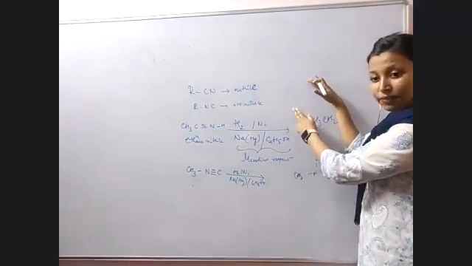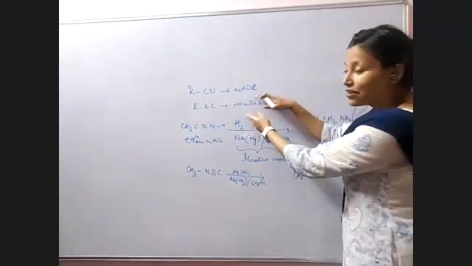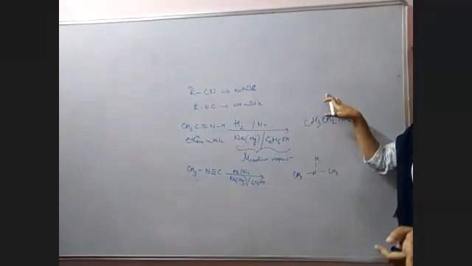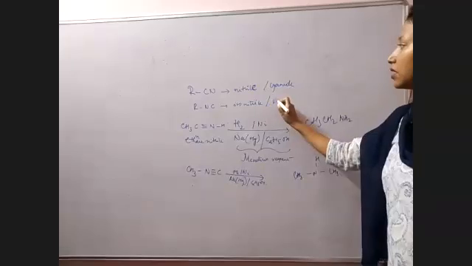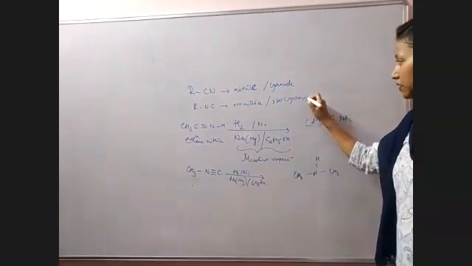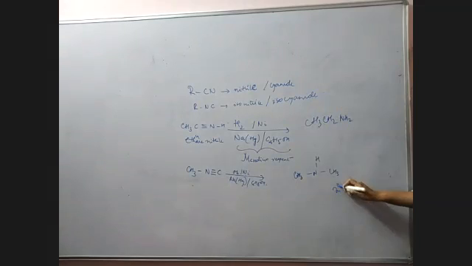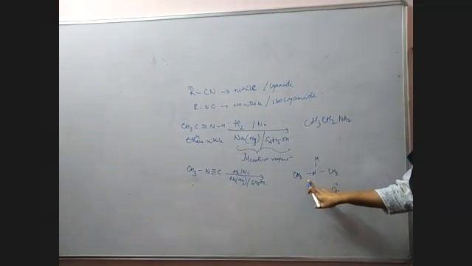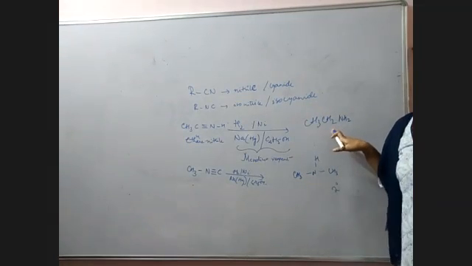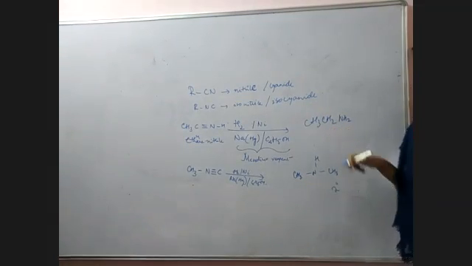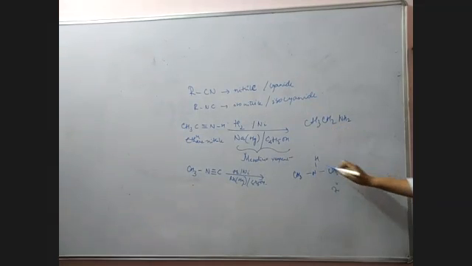Nitrile का common नाम क्या है? Cyanide. Isonitrile का common नाम क्या है? Isocyanide. Will you remember this? तो ये 2 डिग्री है, इसका नाम बताओ. N-methyl methanamine. This one is ethanamine. So this is N-methyl methanamine. This is 2 degree. This is 1 degree. Is that all right?